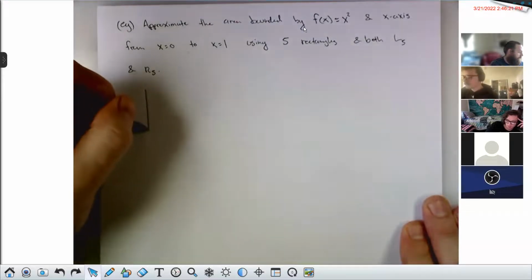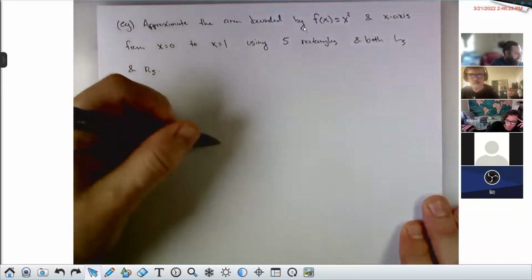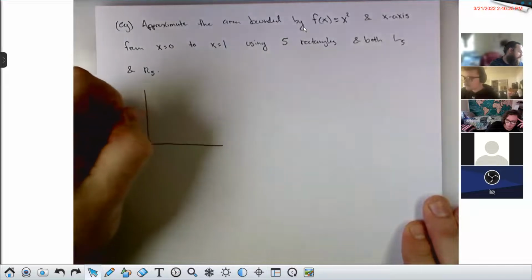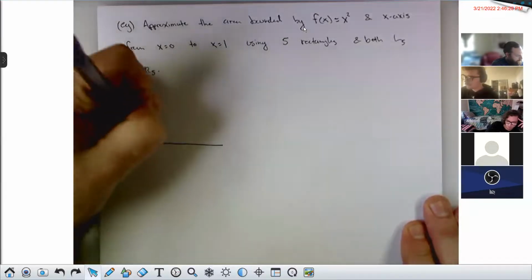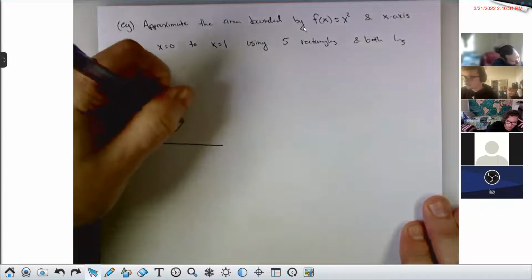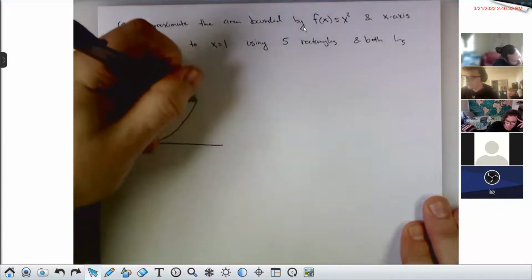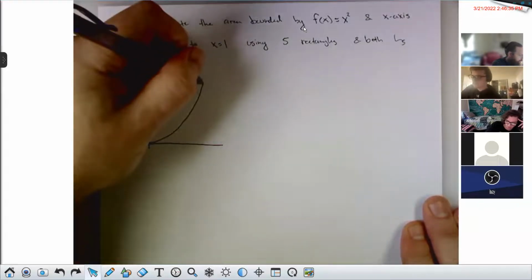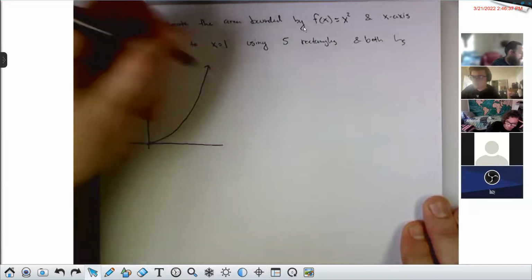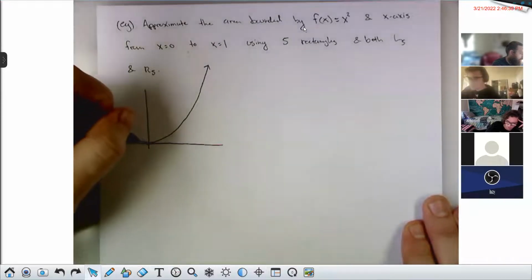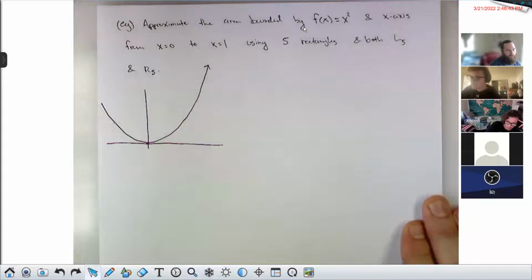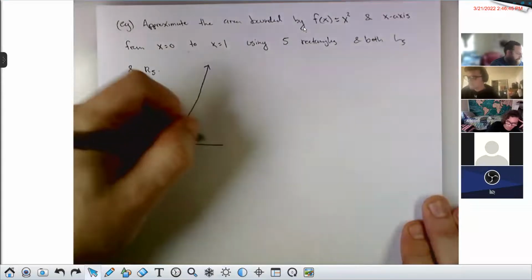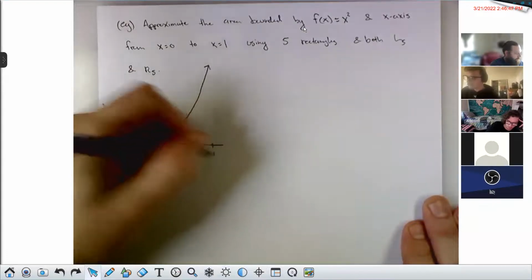I'm going to begin with a rough sketch of x squared on the interval 0 to 1. I'm going to zoom way in on quadrant 1. I'm going to call this right here 1.